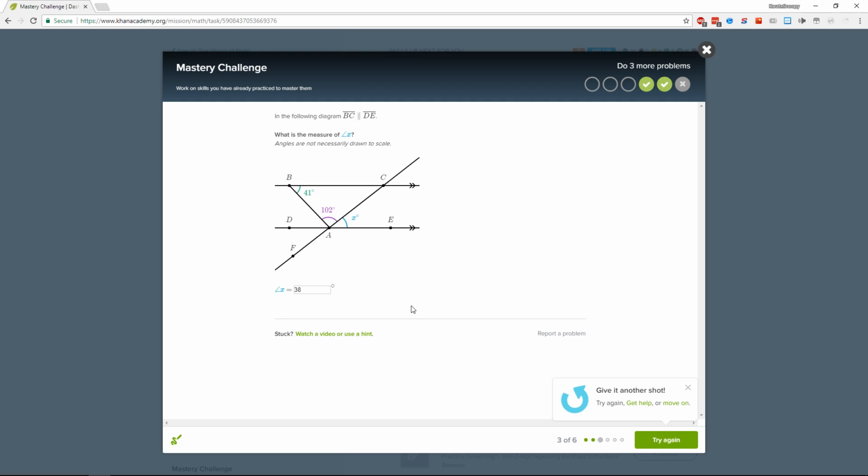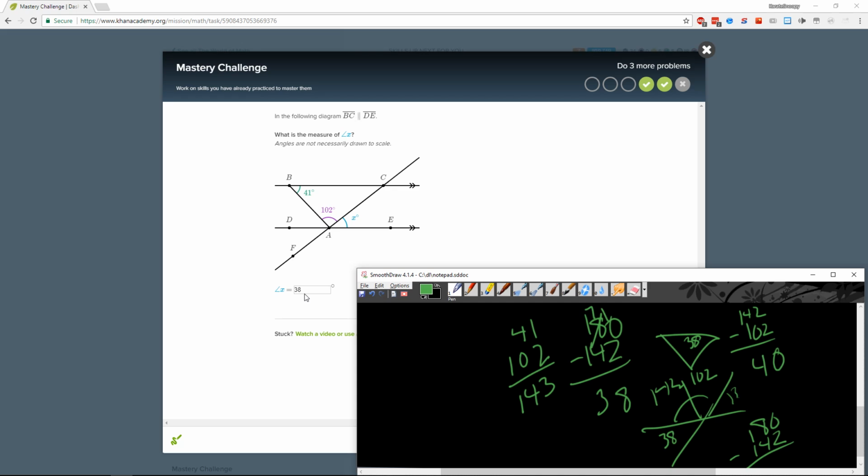Man, I'm messing all these up. I wrote it wrong. This is 3 right here. It's supposed to be a 3. So 7. 37.